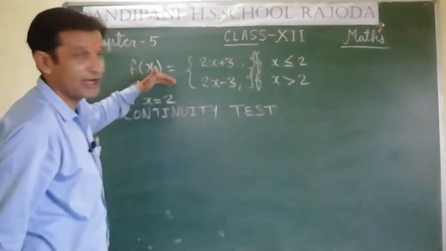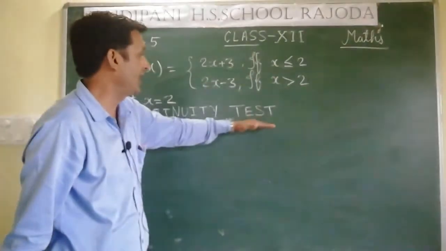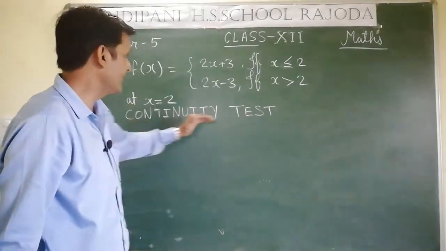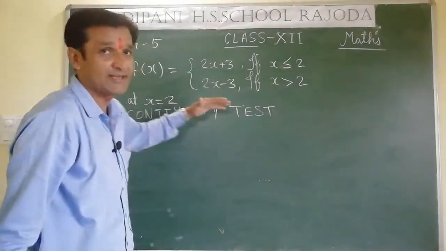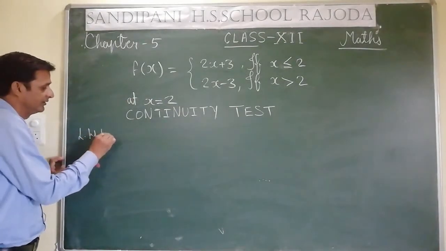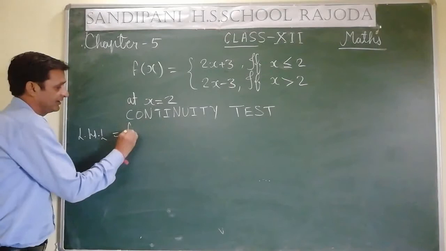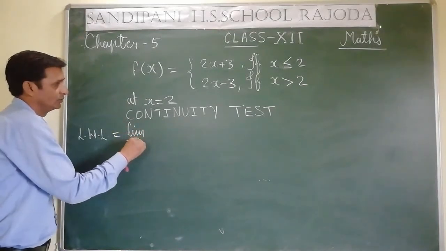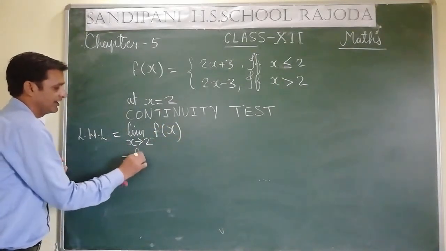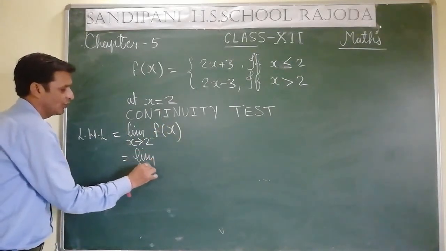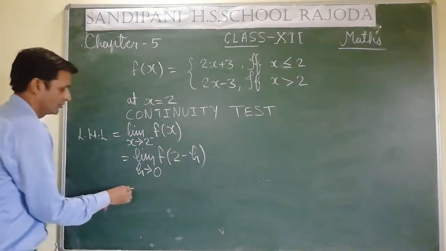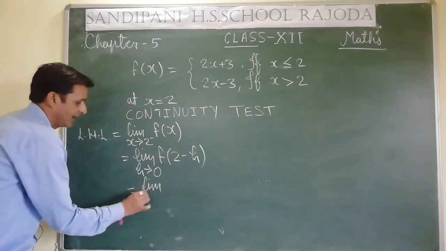The question is related to continuity, we have to check the continuity at a particular point. So at x is equal to 2 this is defined, that is why we are taking the continuity test at point x is equal to 2. Now again left hand limit we have to take, which is equal to limit x tends to 2 minus f of x, that is equal to limit h tends to 0, f of 2 minus h.